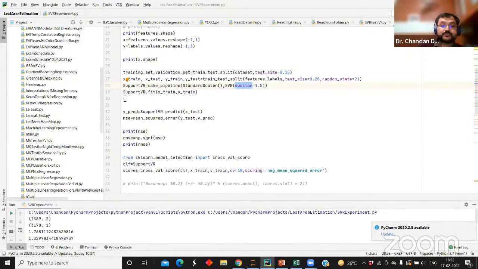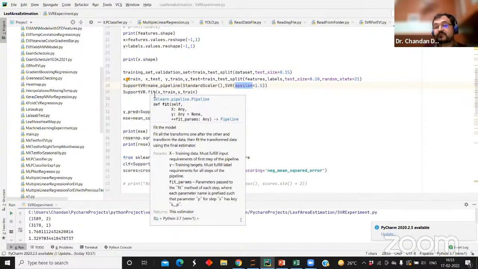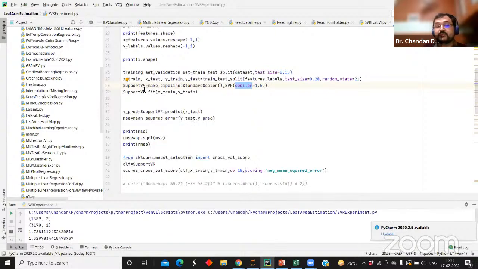And then we have used the model, which has already been trained. That is, support vector dot fit means all the learning process will go into this support vector. Then we have used the ypred variable to predict whether it is working fine or not.